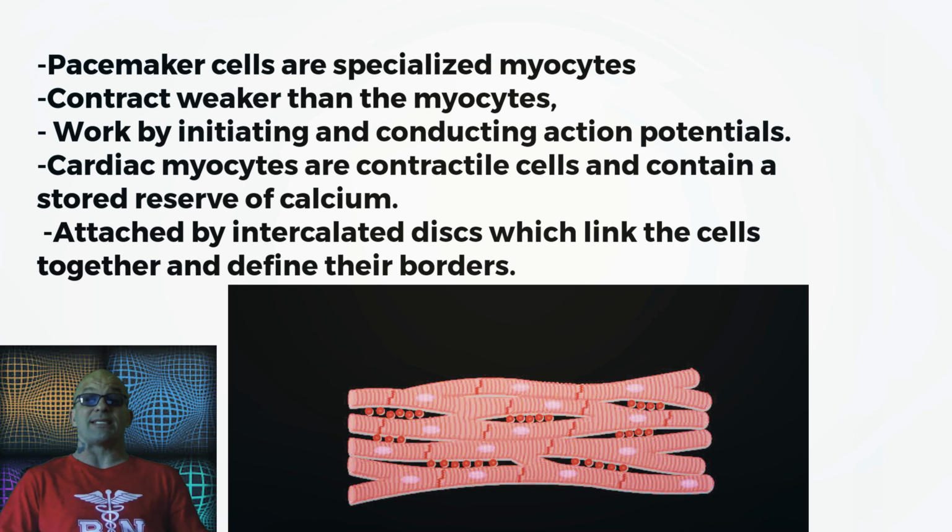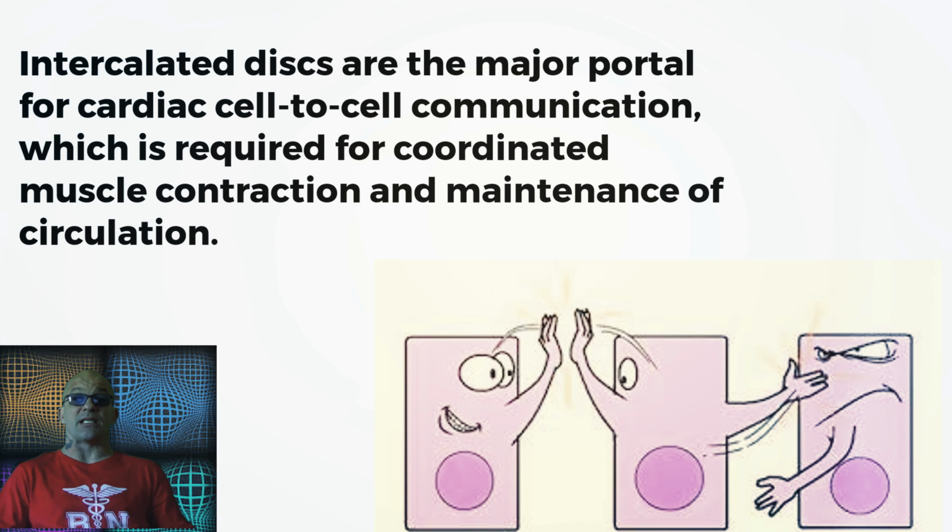These cells are attached by intercalated discs, which link the cells together and define their borders. Intercalated discs are the major portal for cardiac cell-to-cell communication, which is required for coordinated muscle contraction and maintenance of circulation.